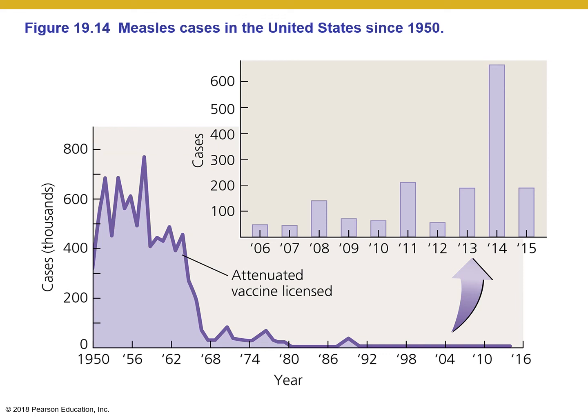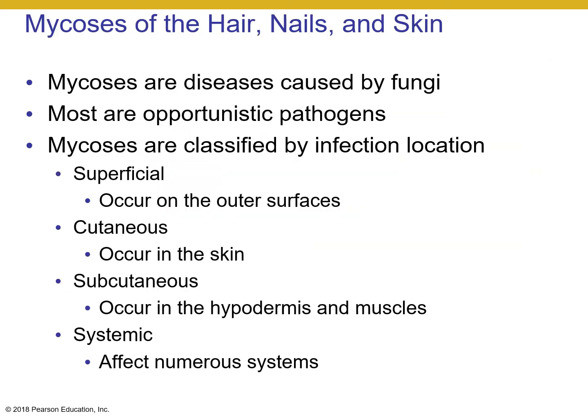They introduced the vaccine. I remember getting shot up with this, and look how the disease just disappeared. And we went through several years where there were extremely few cases.